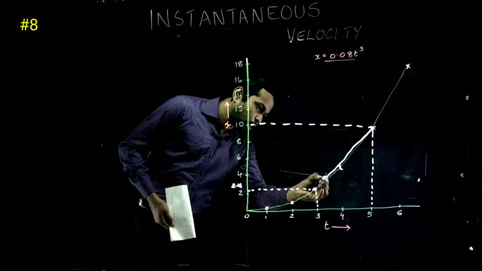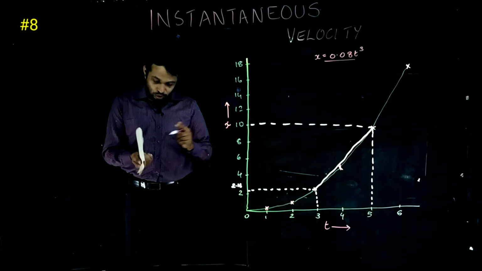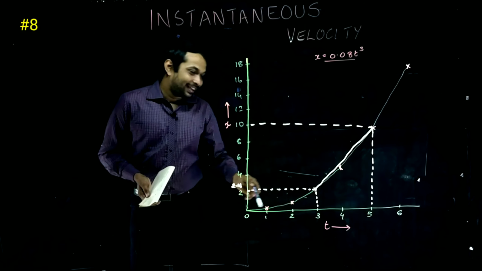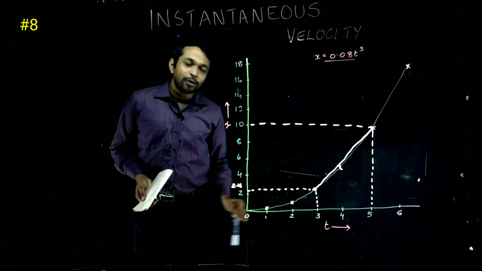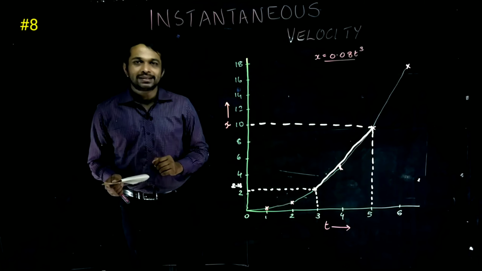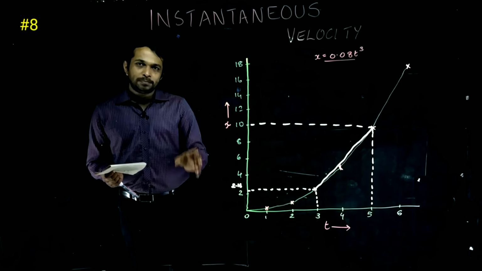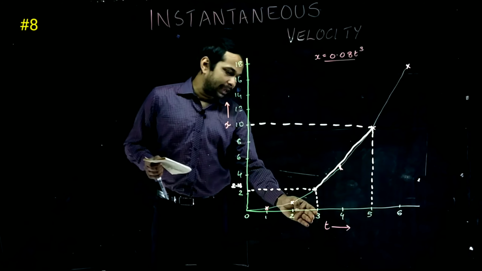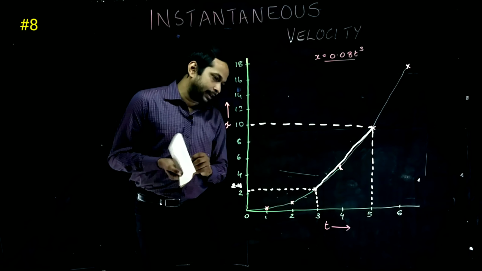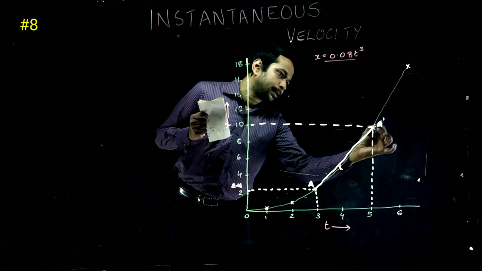You just consider that this is a straight line. Okay, this is not so straight, but just imagine that it is. Now the slope of this line will give you the velocity when the object is moving between time 3 and 5 seconds. The slope of this line, let us take it as A and A dash.